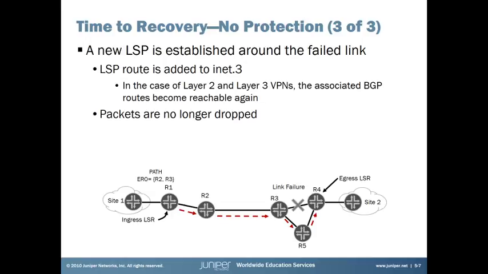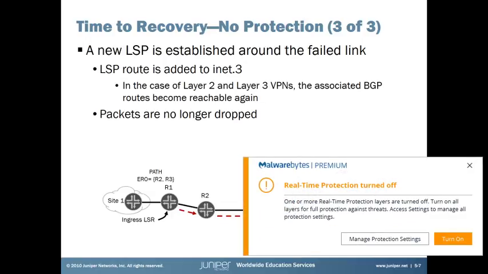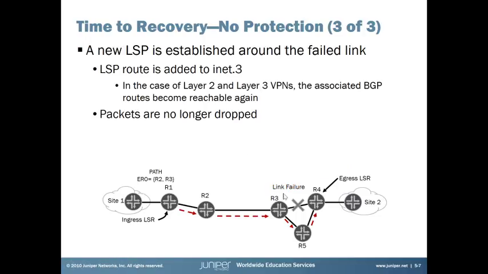So this whole process of recognizing there's an error, tearing down the path, and establishing a whole new path is a big problem if one of the services that the Internet Service Provider is providing to its customers is VPN connectivity, and with that you've always got service level requirements.